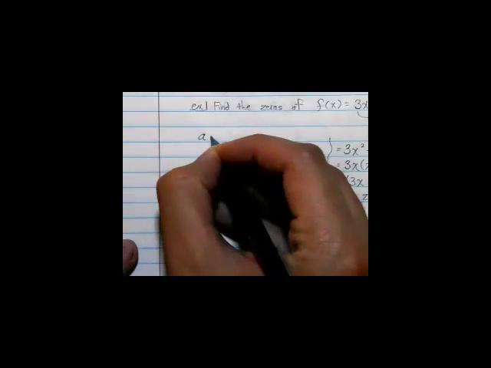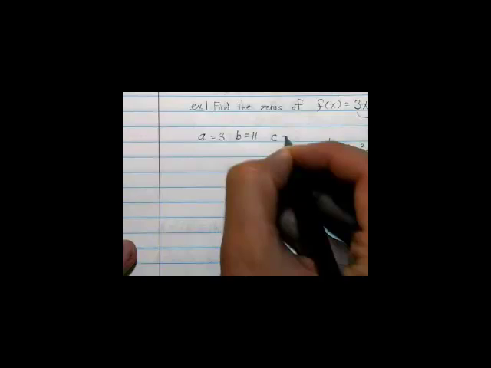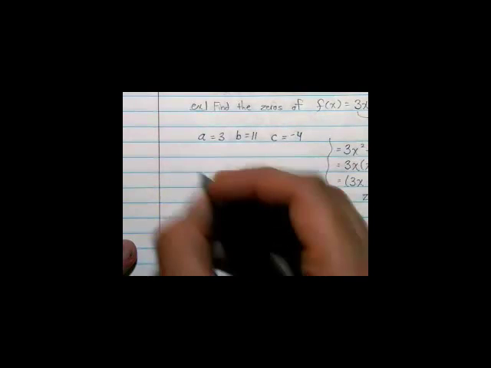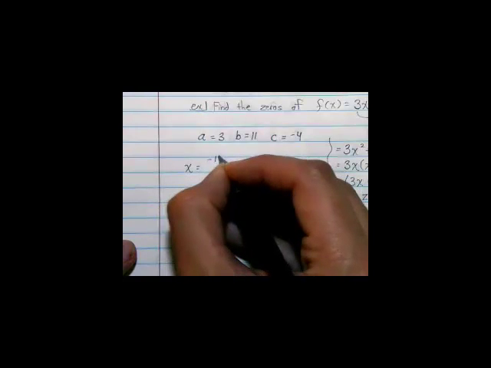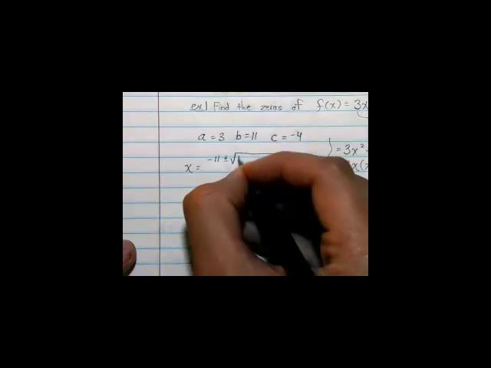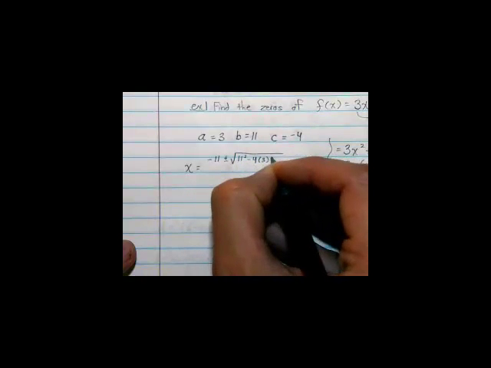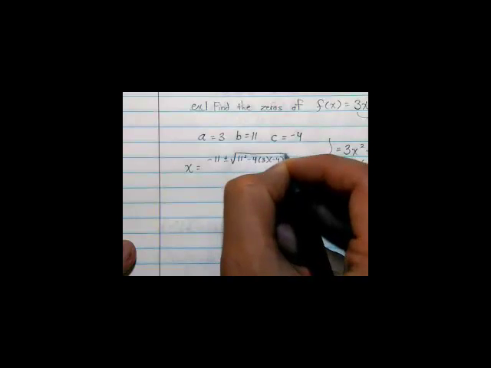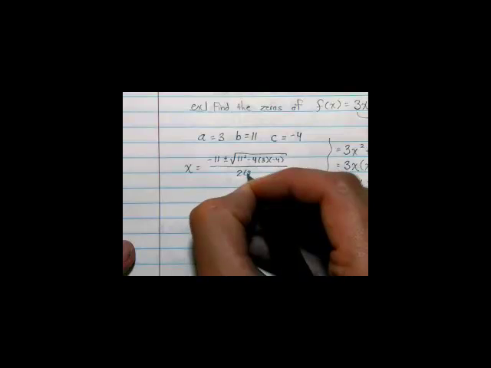So A equals 3, B equals 11, C equals negative 4. So then we've got x equals negative 11 plus or minus the square root of b squared, 11 squared, minus 4ac, all divided by 2a.